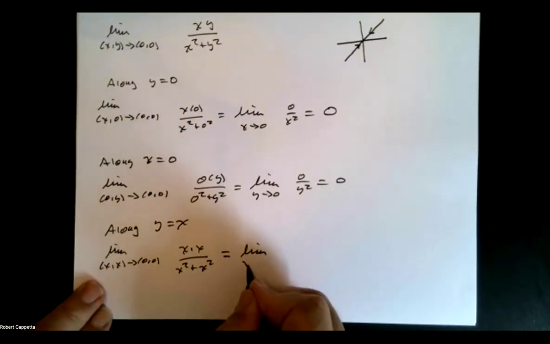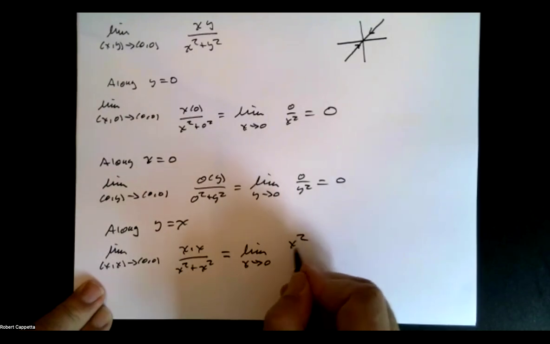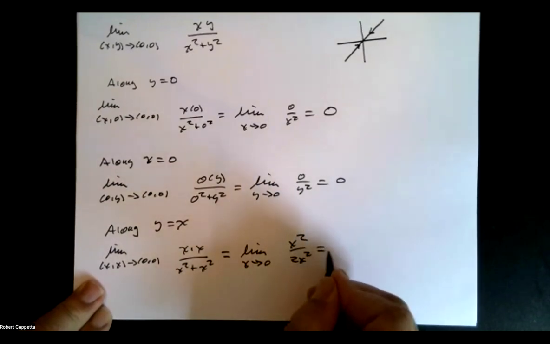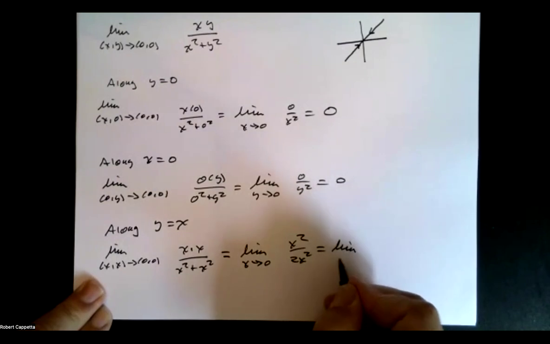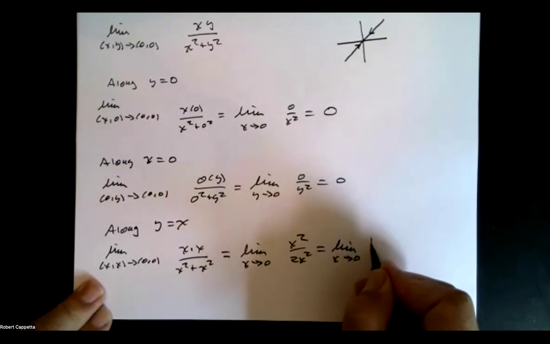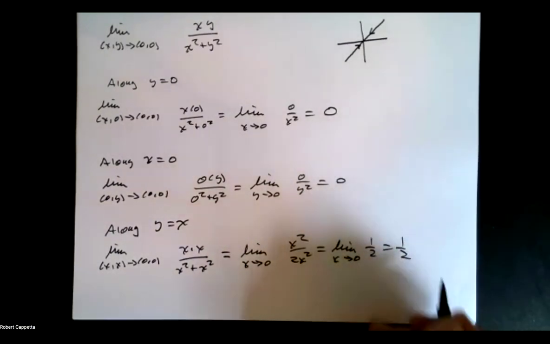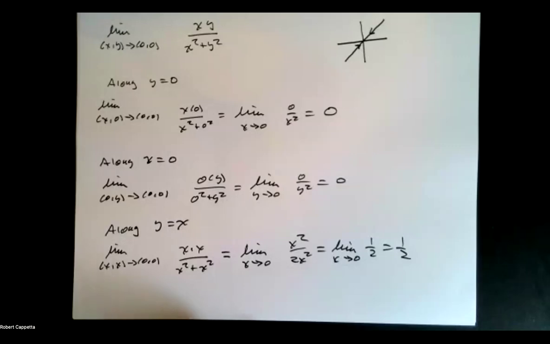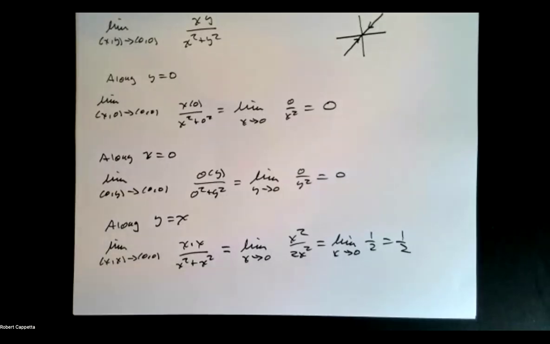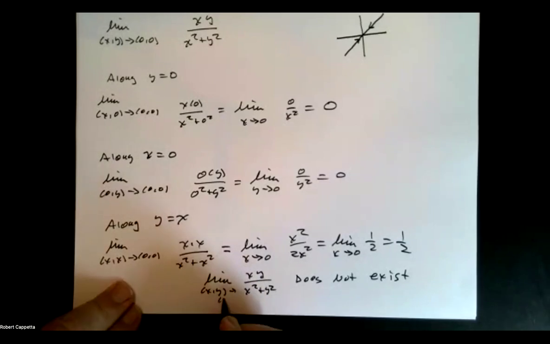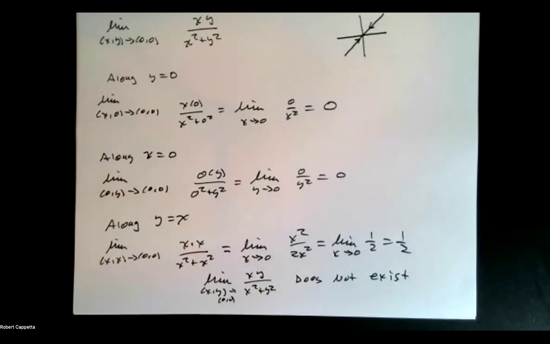The limit as x approaches 0 of x squared over 2x squared, which is the limit as x approaches 0 of 1/2, which equals 1/2, which agrees with what we saw on the spreadsheet. So we have found different paths yielding different results. So what is our conclusion? The limit as (x, y) approaches (0, 0) of xy over x squared plus y squared does not exist.